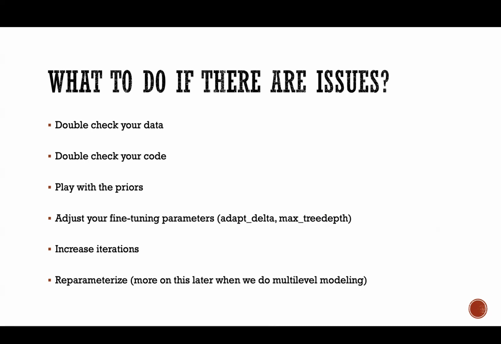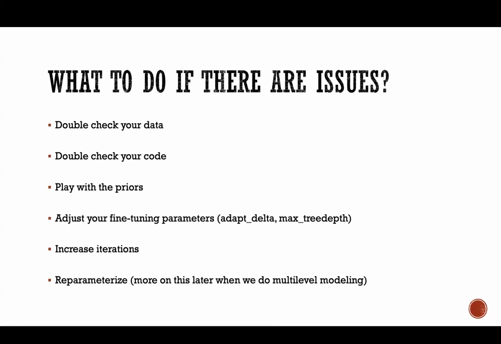You want to double check your code. Sometimes you make silly mistakes in your code. You want to play with your priors, right? Sometimes you have too broad priors. You end up in regions of the space that are not very likely, but you get trapped there. You might be cutting regions of the space that are important and the sampler keeps bumping against the boundary. So you need to play with the priors and see how it's going.